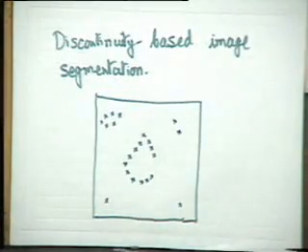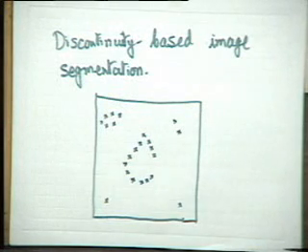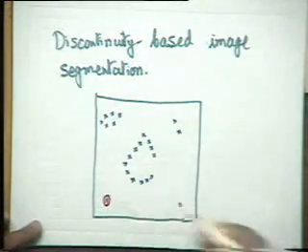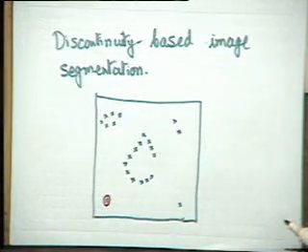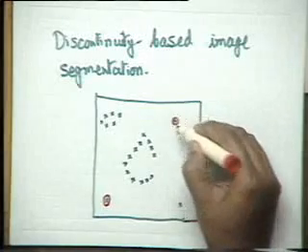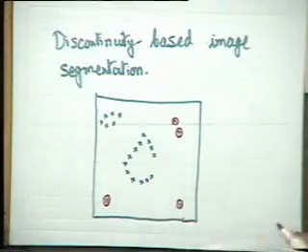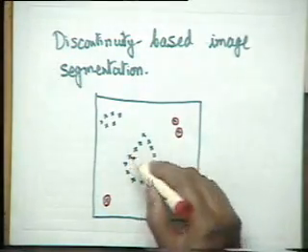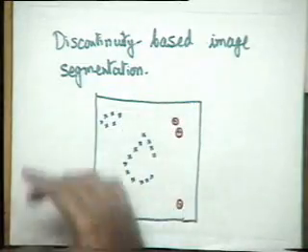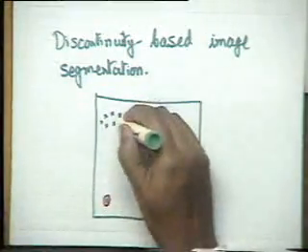Now there are some edge pixels which correspond to object boundaries, and there are some edge pixels which do not. Like for example, if we have an edge pixel like this, very clearly this does not belong to any object, or some isolated pixels like this. This also does not correspond to any object. But very clearly we can make out that all the other edge pixels correspond to some object boundaries.